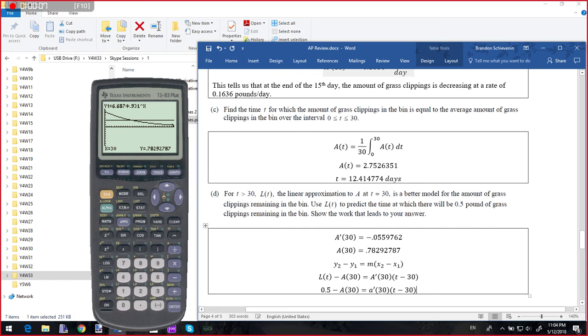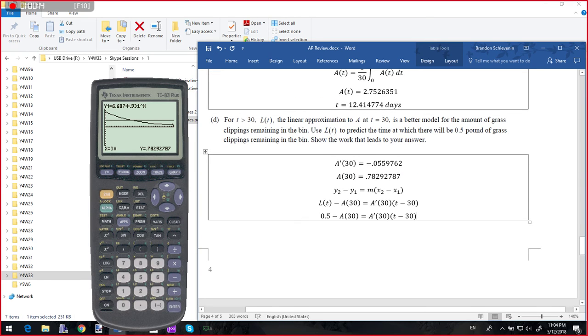Okay, so I want to solve for t. So if I'm going to solve for t, what do I have to do? Plug in numbers? Not just yet. Is there a way that I can solve this for a general form for t? Divide both sides by A prime 30.